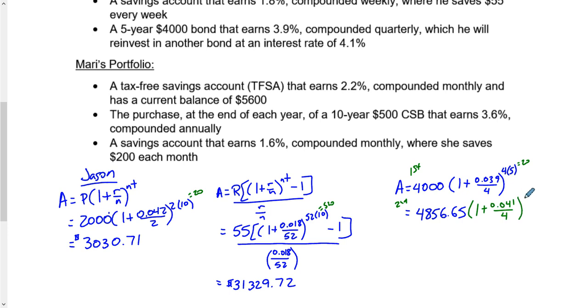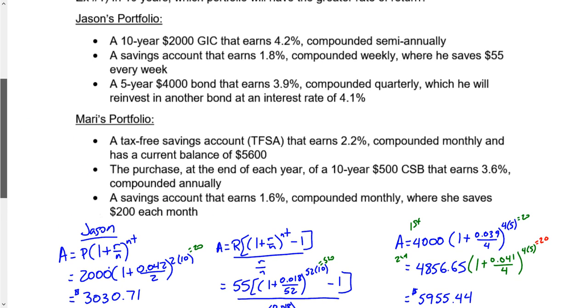Compounding quarterly, we can probably assume again, for the remaining 5 years of this entire value, 4856.65. Then divide by 4. We get $5,955.44, which would be his final value.